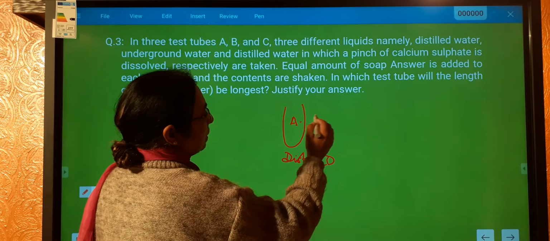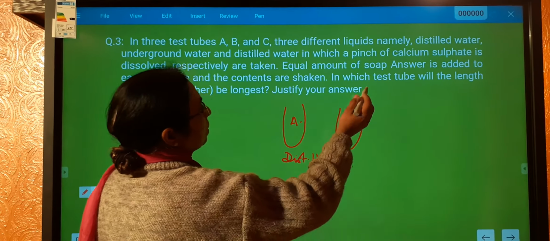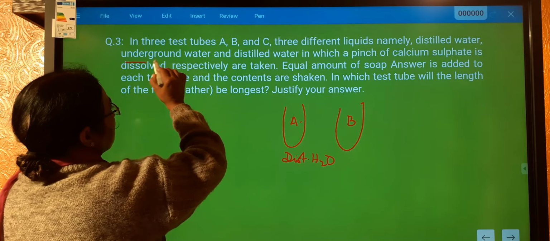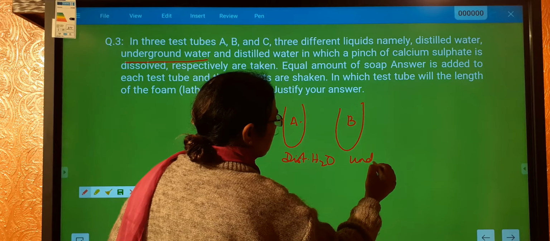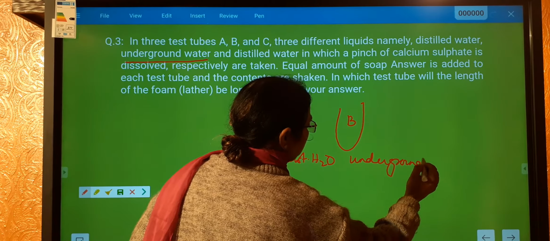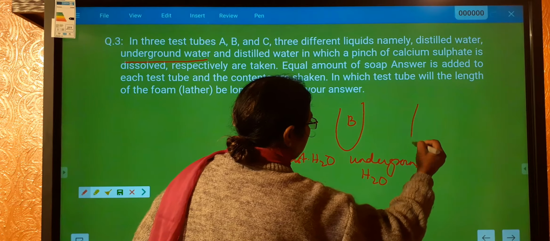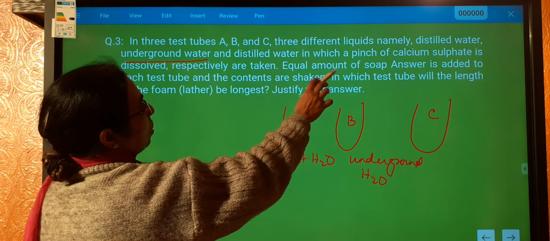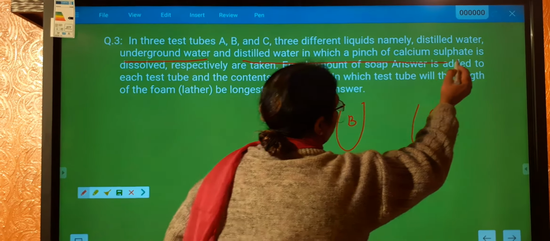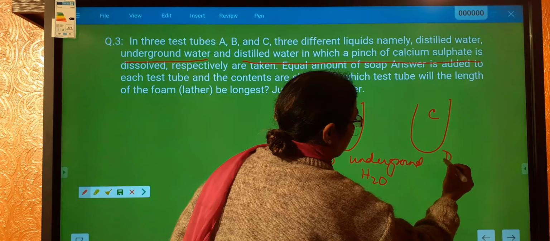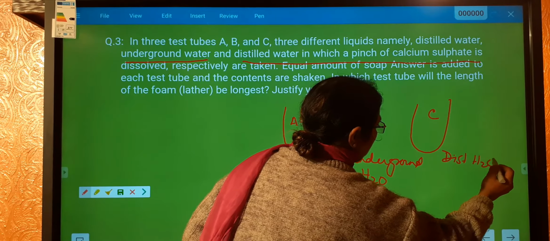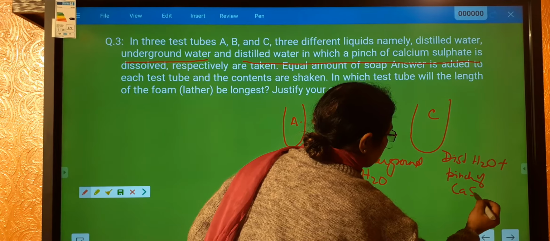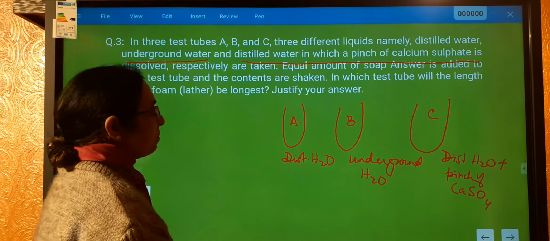Then in the second test tube we have underground water, and in the third test tube we have distilled water in which a pinch of calcium sulfate is added.